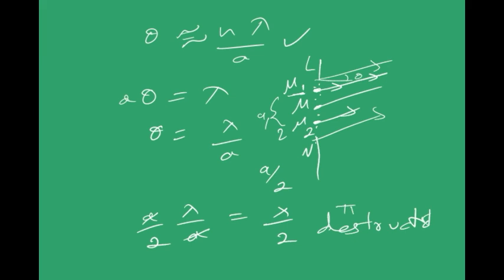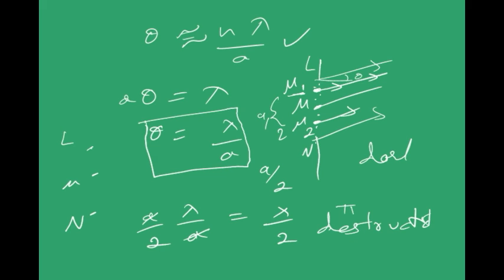But M1 is any point between L and M, right? So for all the points between L and M, I can find corresponding points between M and N such that they sum up to give 0, that is destructive interference. So for this angle theta, which is given by lambda by a, I'm going to get a dark spot.